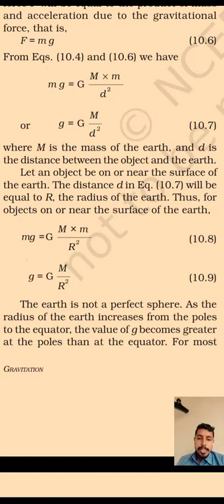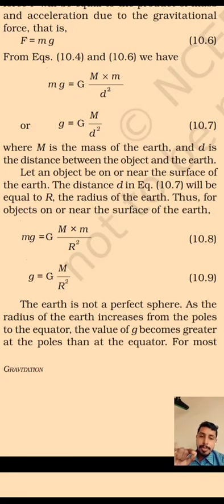So you will get, in the poles, the radius is less. Radius is less means g will be high, because g is G into M by r square. R square is in the denominator, so it is inversely proportional.